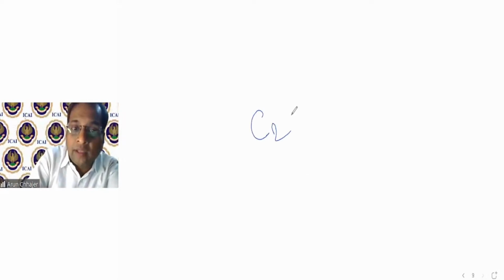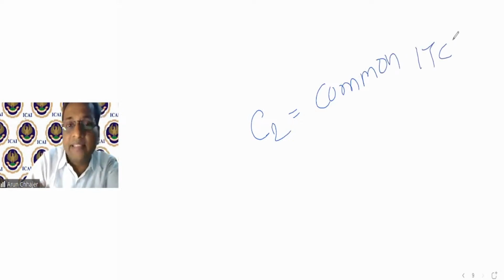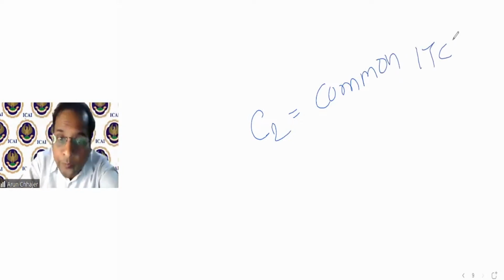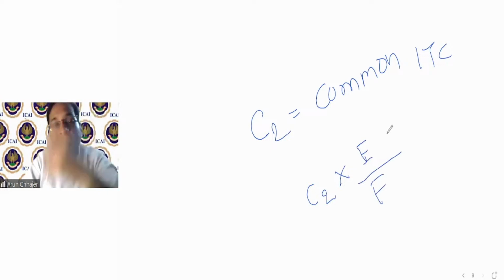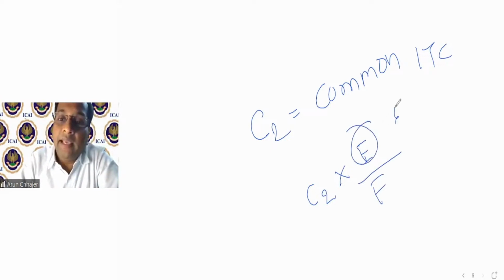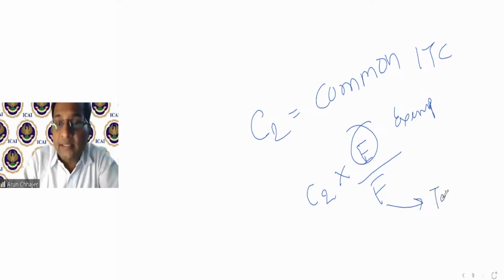What is C2? It is nothing but the common ITC. What do we need to do with it? C2 multiplied by E divided by F. What is E? Exempt supply. What is F? Total supply. Total means exempt plus taxable.